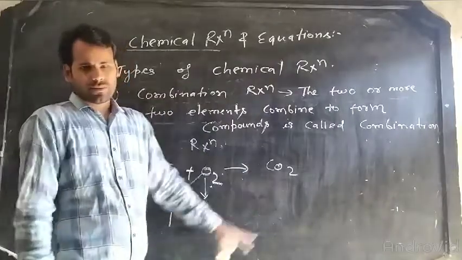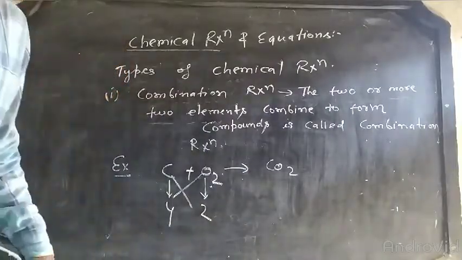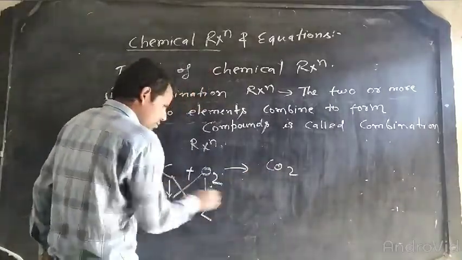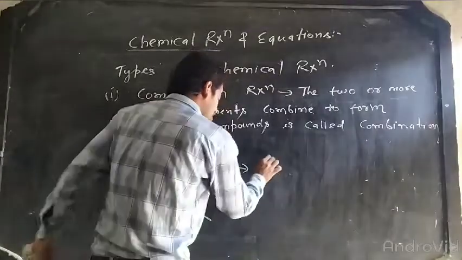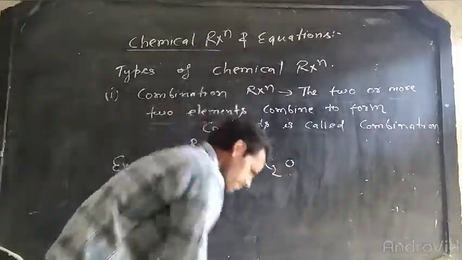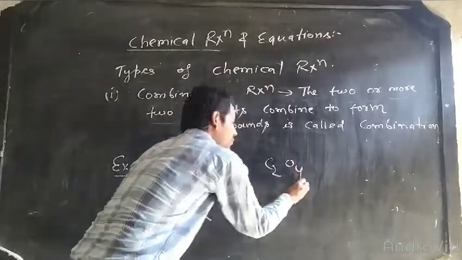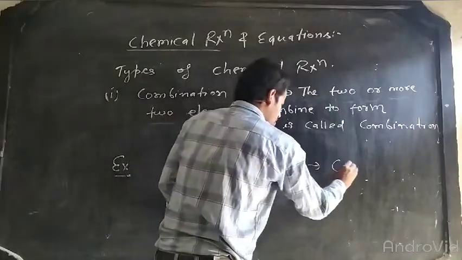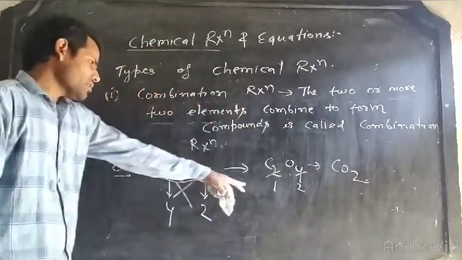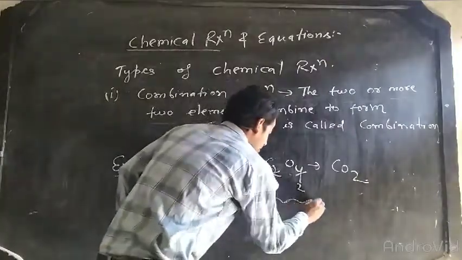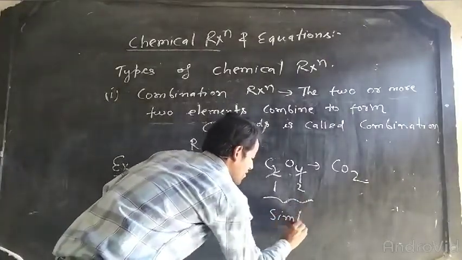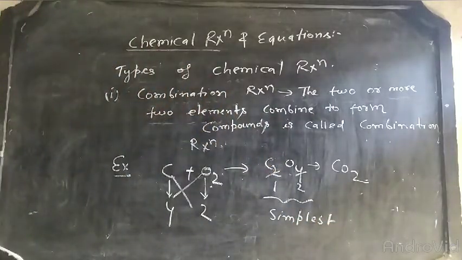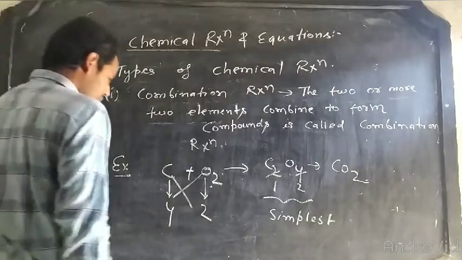The formula is C2O4, and in simplest form this will be CO2. Valency will be the simplest here.